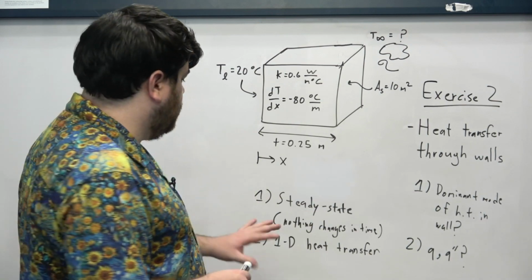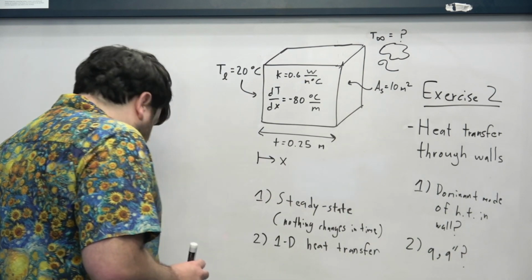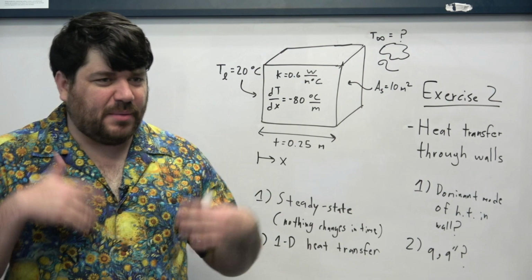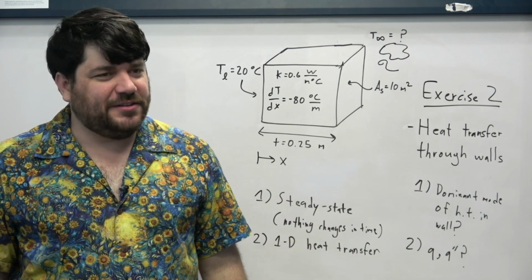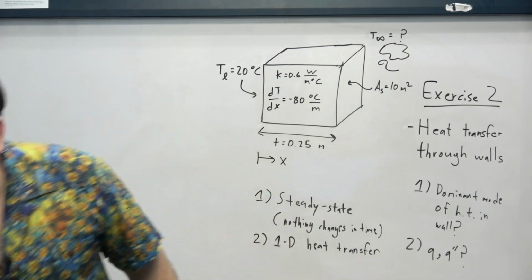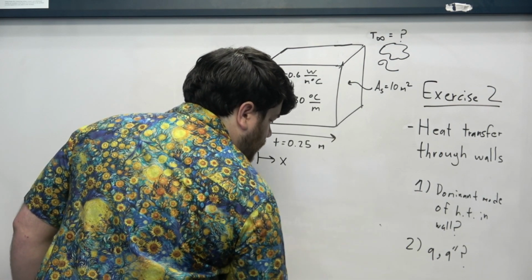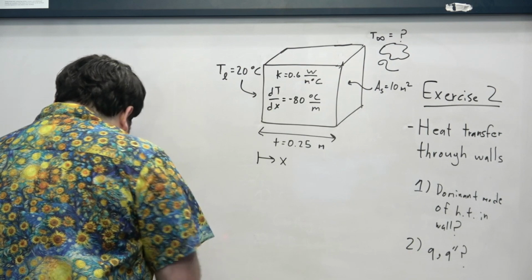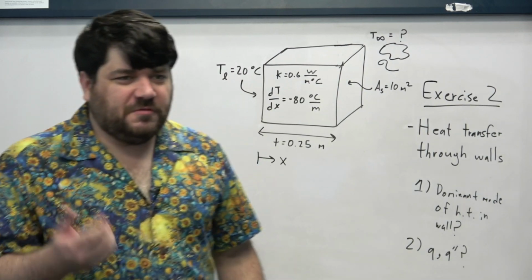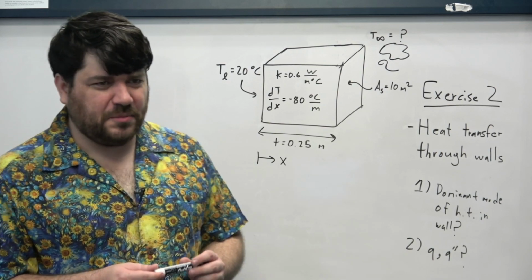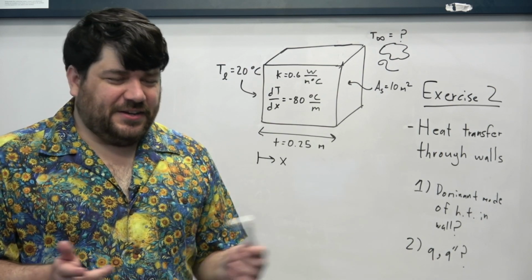All right, so with these two assumptions in hand, how do we attack the rest of the problem? How do we construct the equations that we need in order to make this work? Well, the first thing that we need to do is try to figure out the heat flux, because the heat flux is a little bit more of a primitive quantity than heat transfer rate.